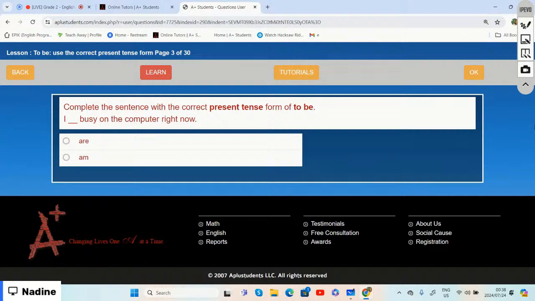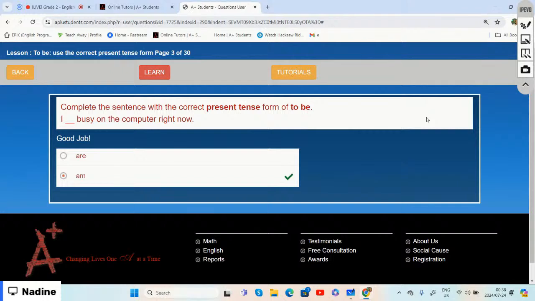And if we were to select the correct present tense form, we can say I am busy on my computer right now. So am, right? And am is correct.